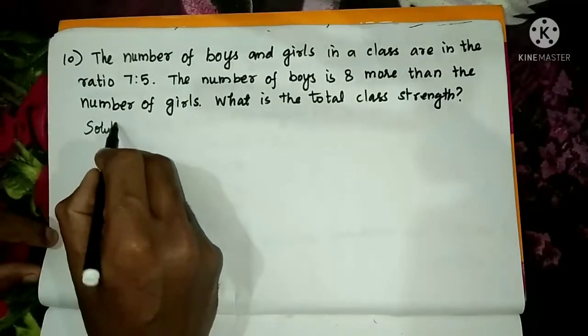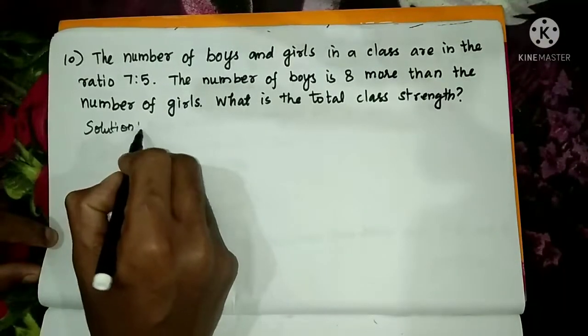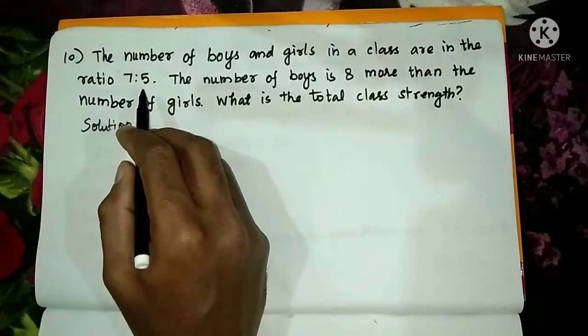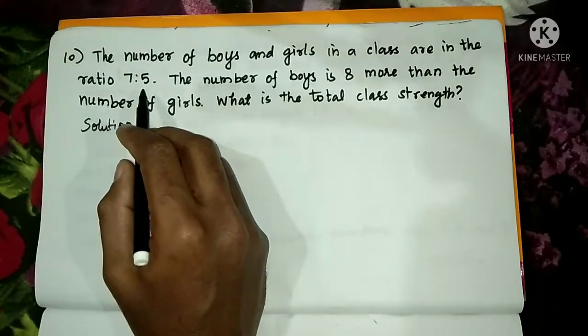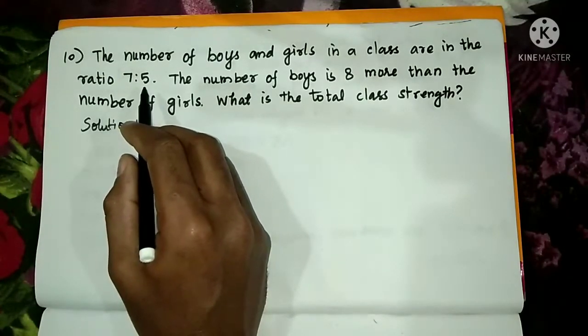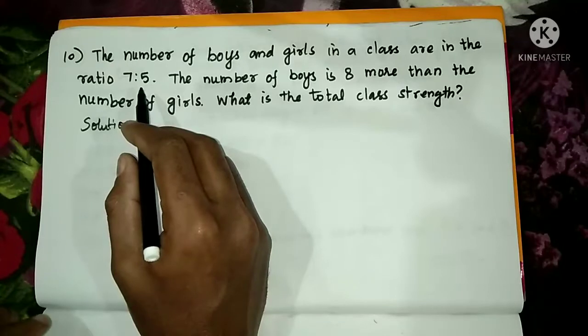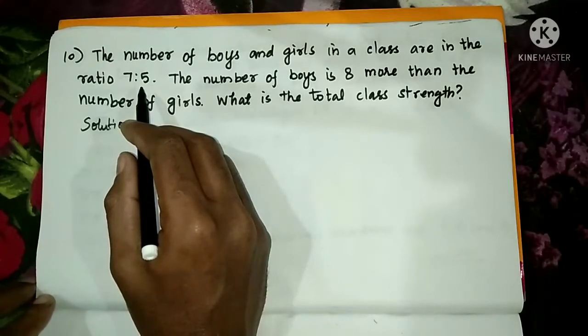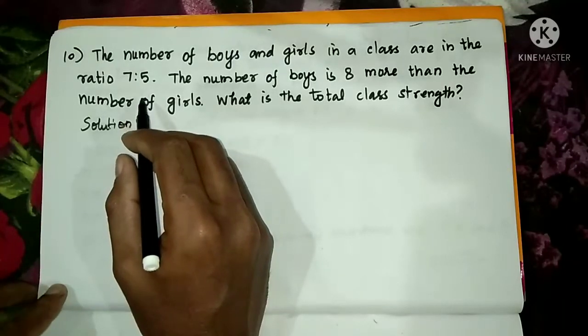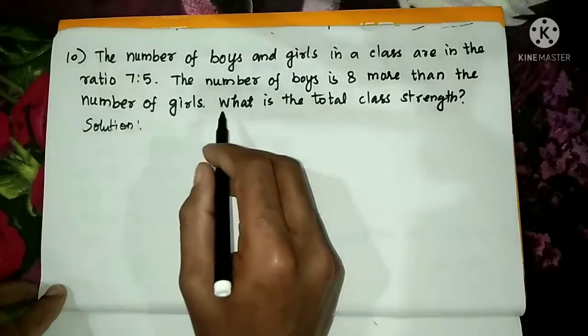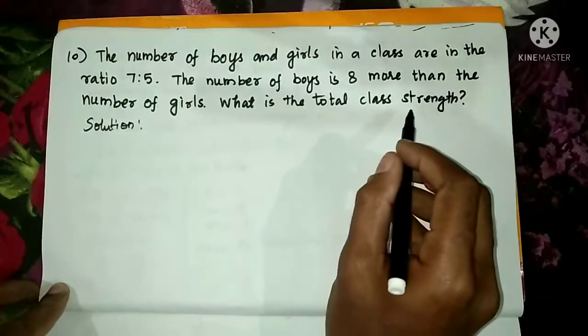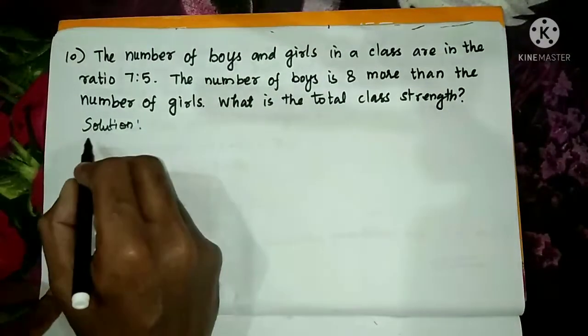Solution. It's given the ratio. We have studied a question just before using the concept of ratio. The number of boys and girls we should find, then only we can find the total strength.